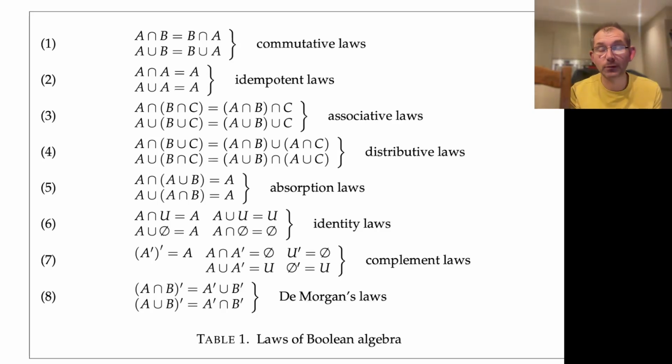And this corresponds in this algebraic system to the fact that A times B is equal to B times A. Now, unions also have that property. It doesn't matter if you take them either way round.